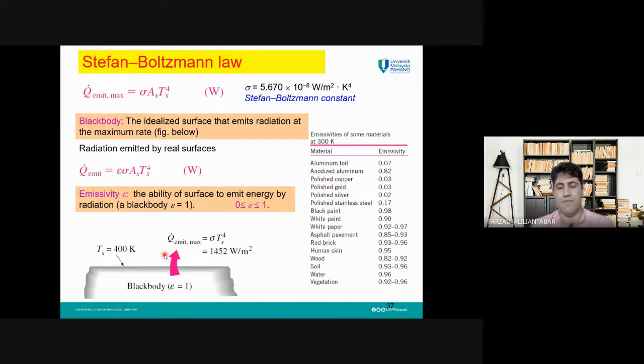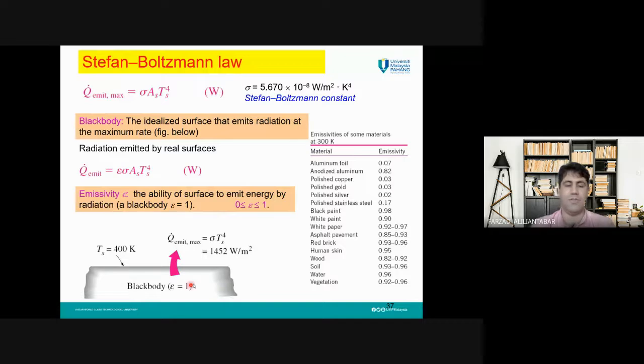Based on this information and these assumptions which I introduced to you, we have an equation to calculate heat transfer by radiation. The equation is this one, Q dot emit. It means the rate of heat transfer by emission or radiation. Imagine we have a surface like this, a body like this.